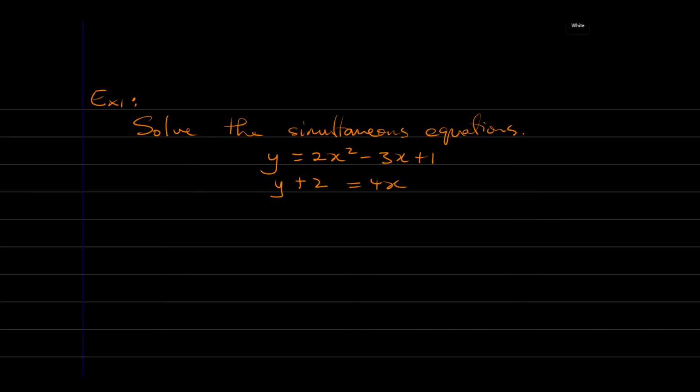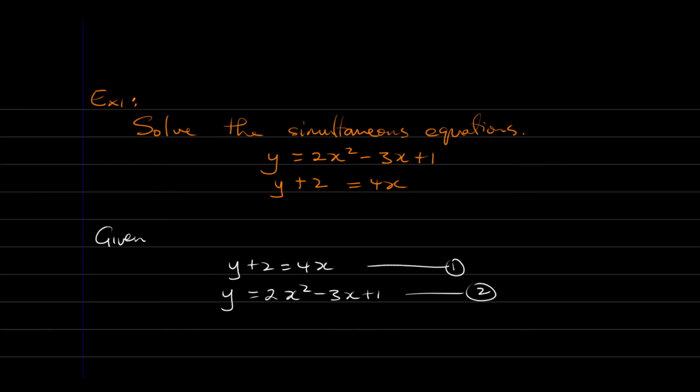And let's go with a proper written solution. So we can start off with saying given y plus 2 equals 4x, and I'll label this equation 1, and then y is equal to 2x squared minus 3x plus 1. This will be labeled as equation 2.